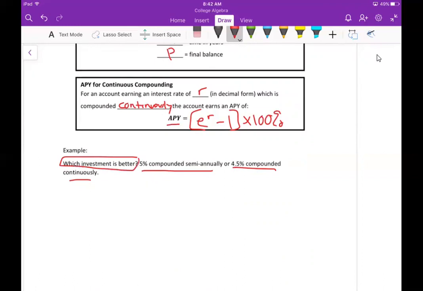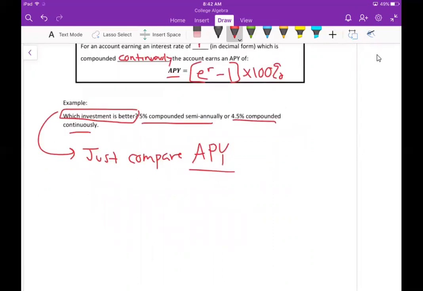One thing that we talked about before: here I might think, oh, I can't use my formulas, I don't have an initial investment. But I don't need that, because in order to determine which investment is better, all I need to do is compare APY.